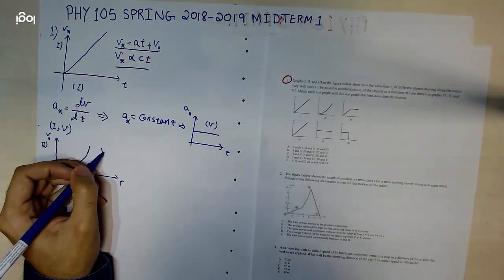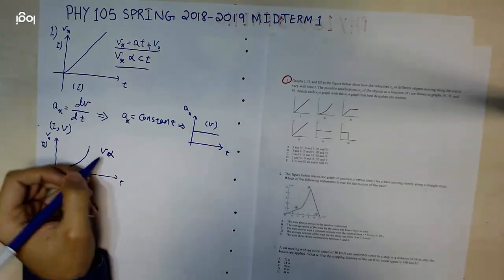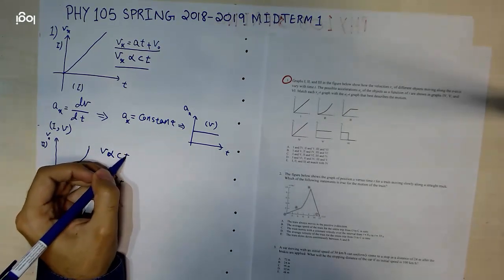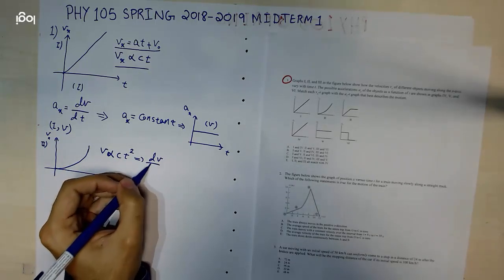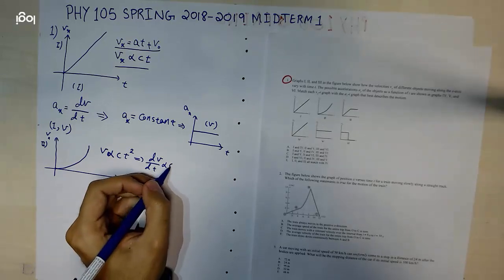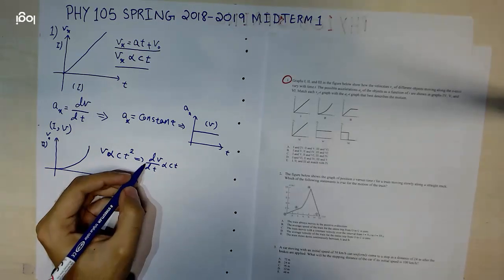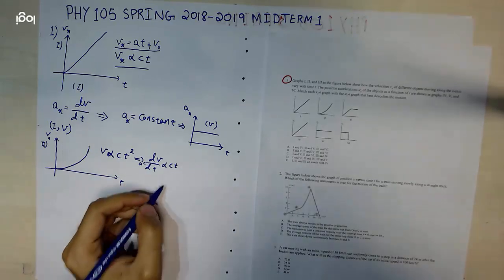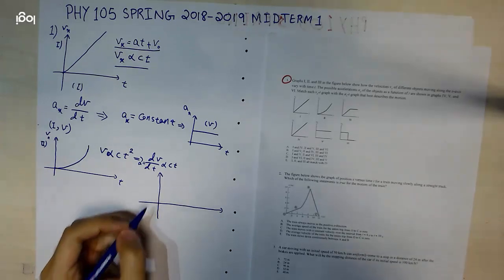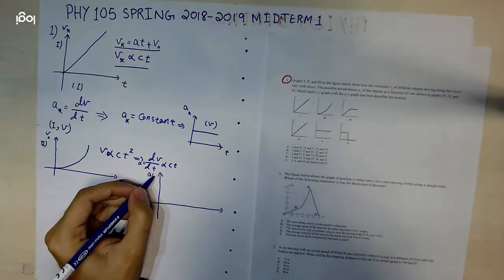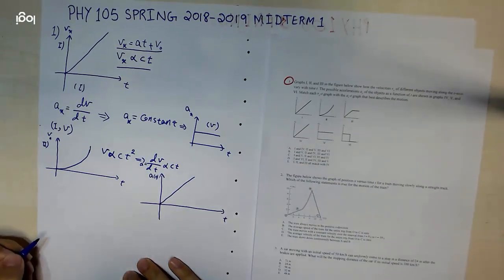So, if v is related with t as second order, then dv over dt should be related with first order, which shows that our relation should be like a line.